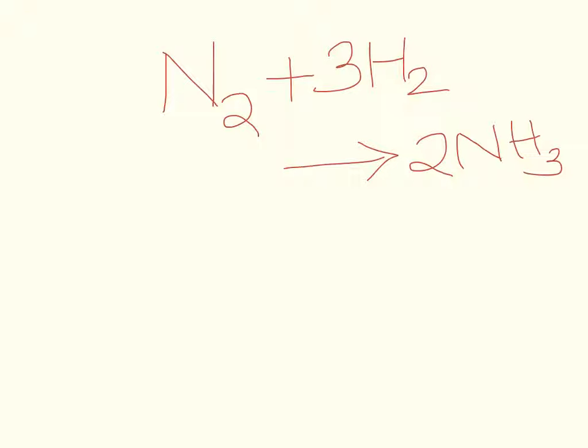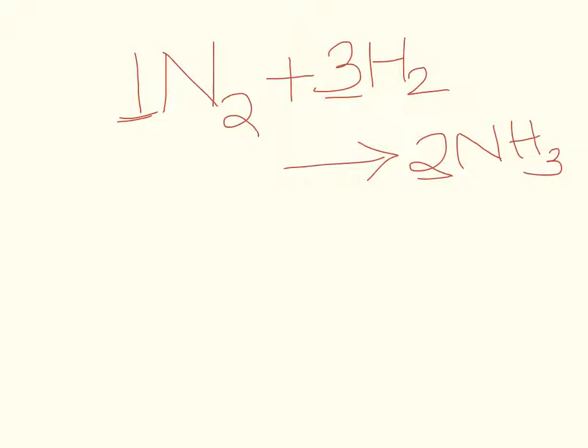If your reaction is not balanced, then you have this ratio wrong. This is a 1 to 3 to 2 reaction. If you have this ratio wrong, then you will not have the right number of products and reactants. So when a stoichiometry problem is given to you, you have to make sure that the reaction is balanced.